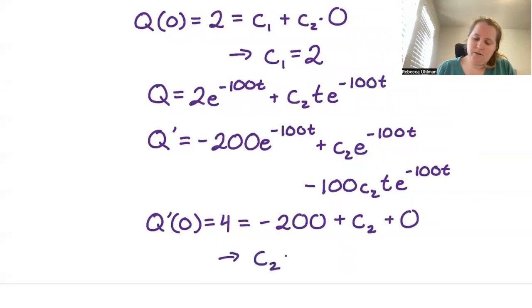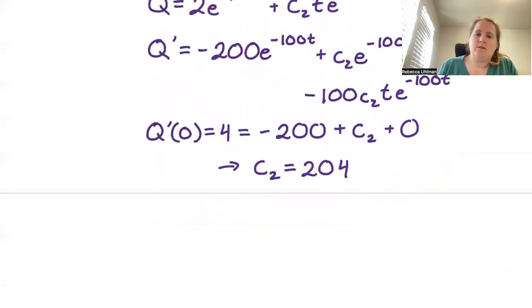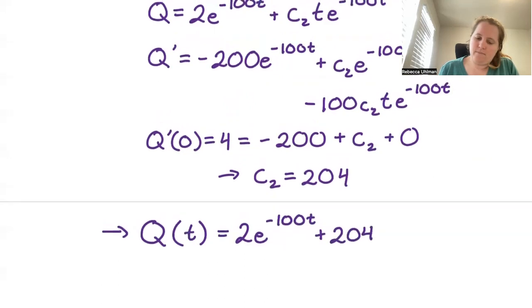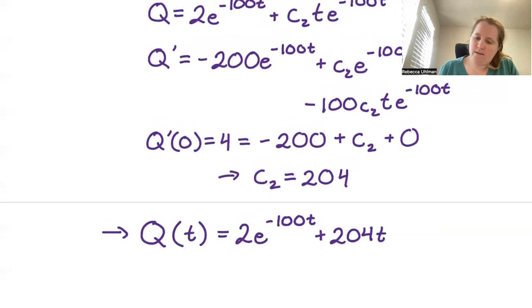So we get that C2 is 204. So our solution of the IVP is Q of t is equal to 2e to the negative 100t plus 204t e to the negative 100t.